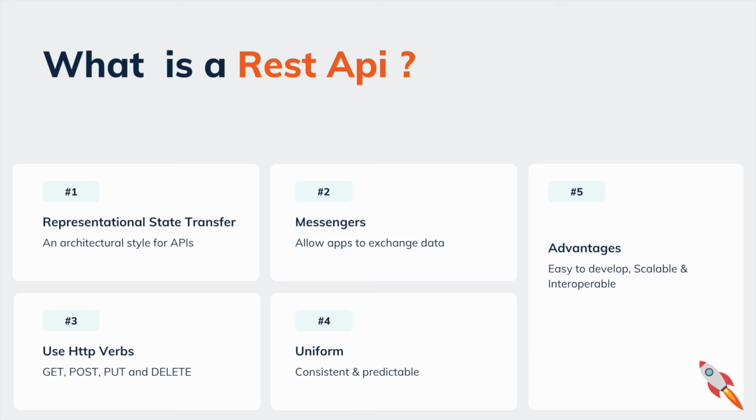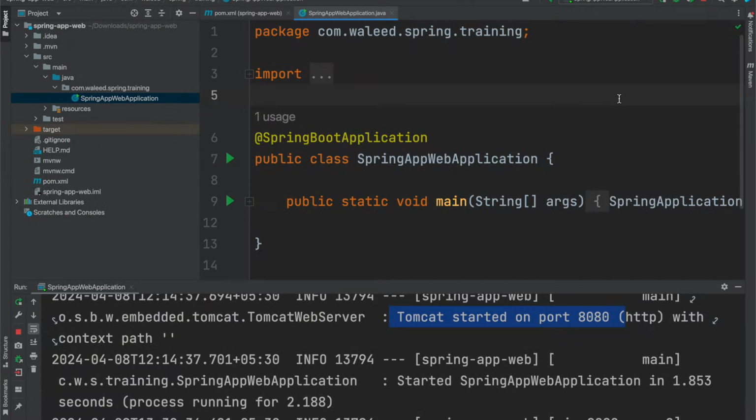So now that we are clear about what a REST API is, let's start creating one with Spring Boot. And you will see why I say it is absolutely effortless. We are focused back on our IDE, in our case IntelliJ, where we are going to create the Spring Web MVC application.